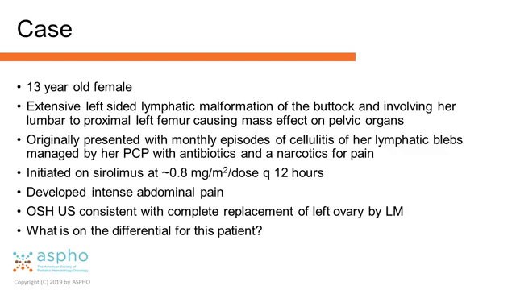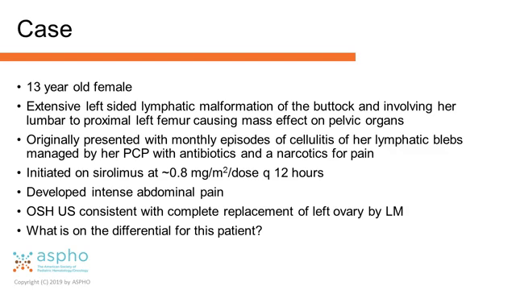Within 6 months of treatment, her episodes of cellulitis had drastically reduced and her visible lymphatic blebs improved. However, her mother called in between exams and reported the development of intense abdominal pain. An ultrasound at her local hospital was consistent with complete replacement of her left ovary by a lymphatic malformation.